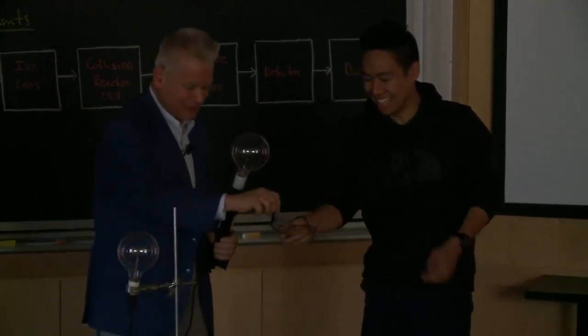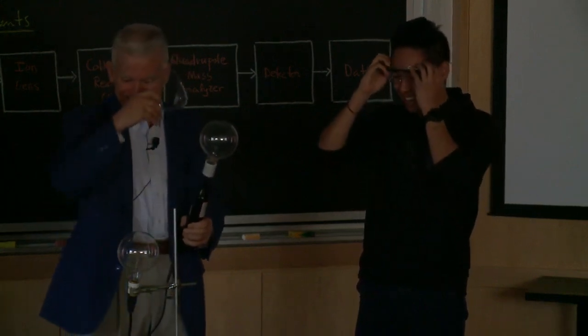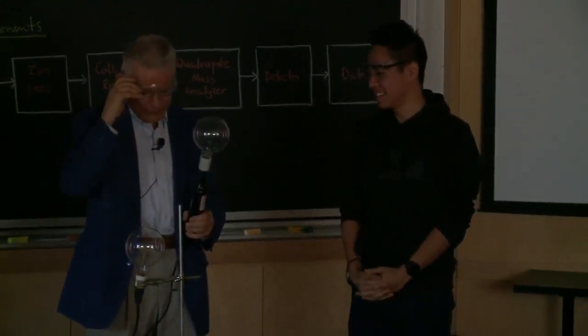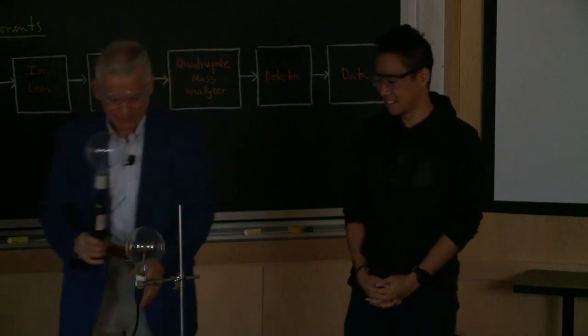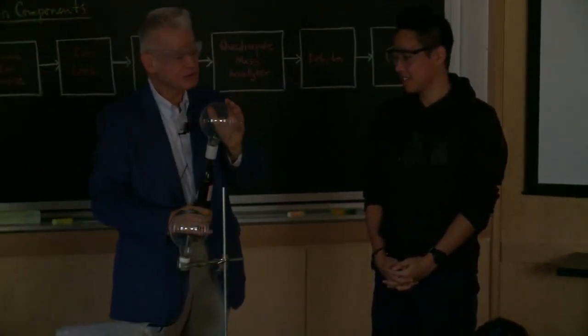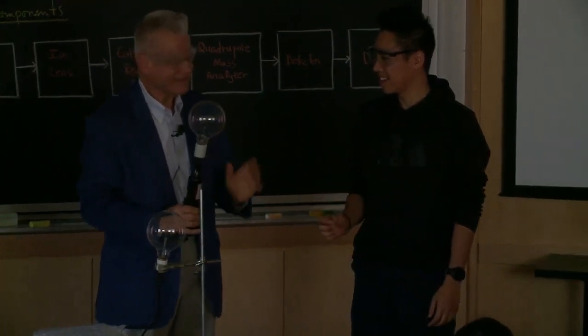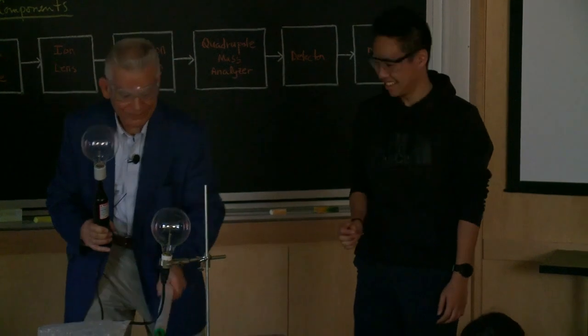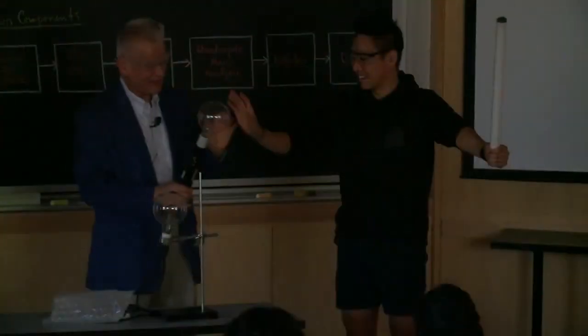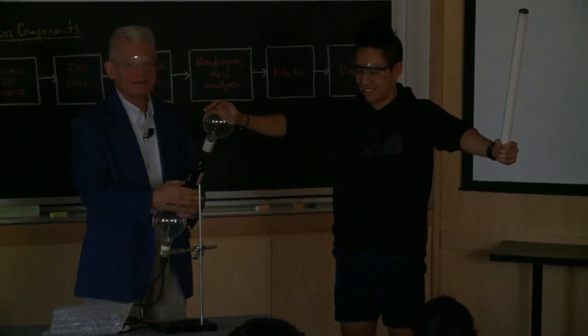Put this pair of goggles on just in case, mainly for the fluorescent bulb. Now I'm going to have you hold your hand there and don't take it off. You're not going to get shocked. And I'm going to have you hold this in your other hand. Now put your hand there. Good. Now here we go. Ready?